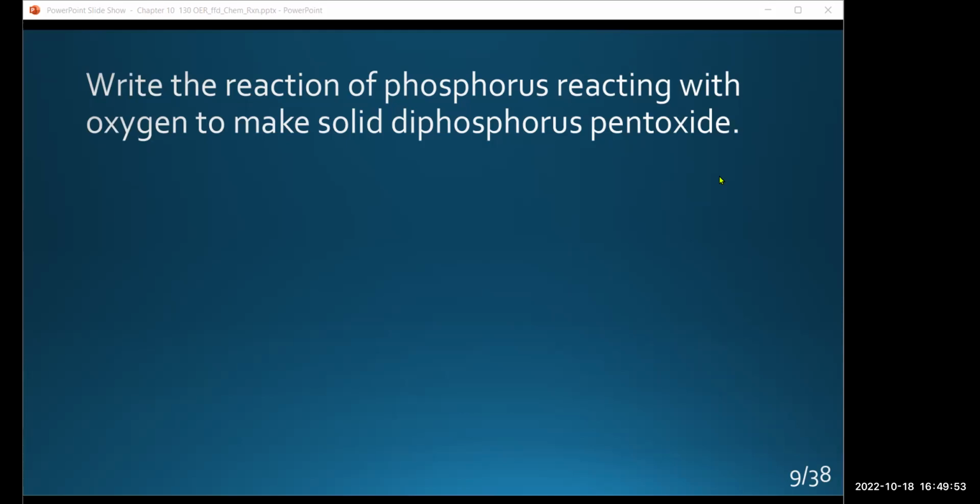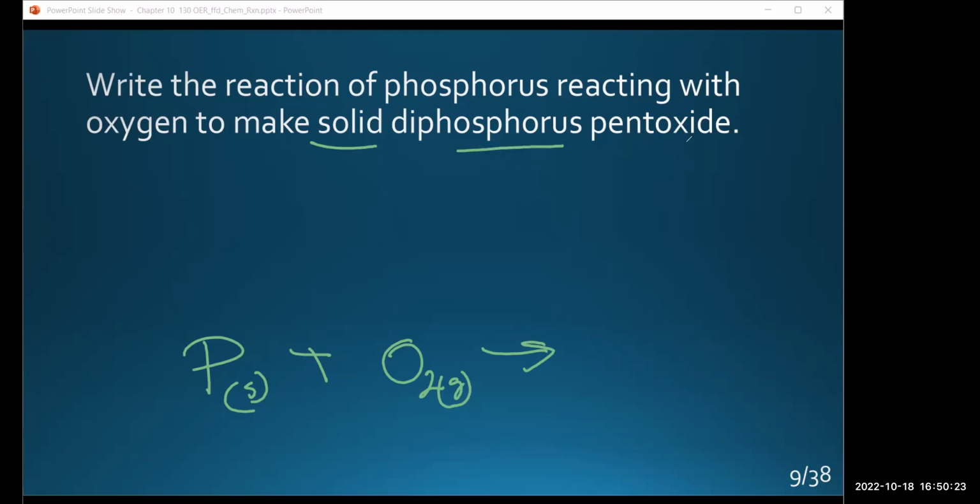So here we're not working with ions. We're going to decipher the actual formula we need from the name given. So we have phosphorus, which is a solid, plus oxygen, which is a gas and diatomic, reacts to make solid diphosphorus pentoxide.